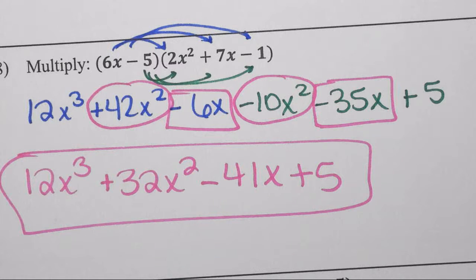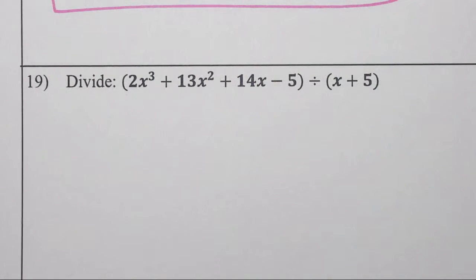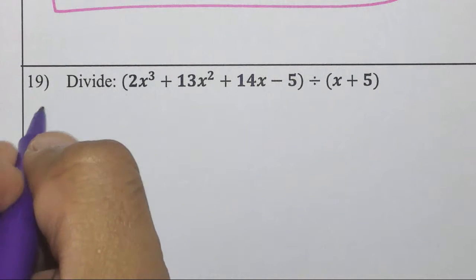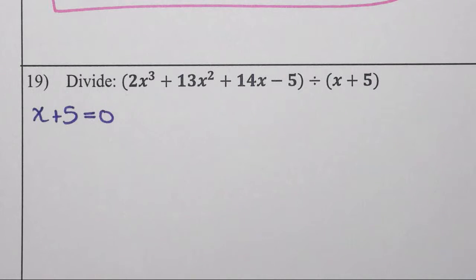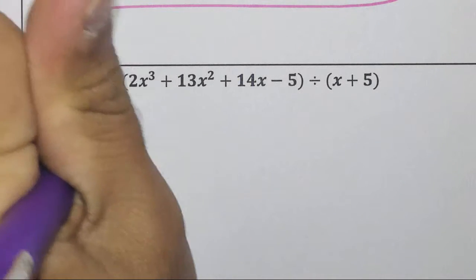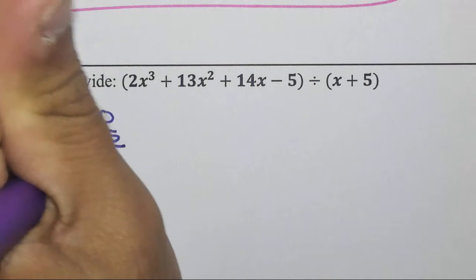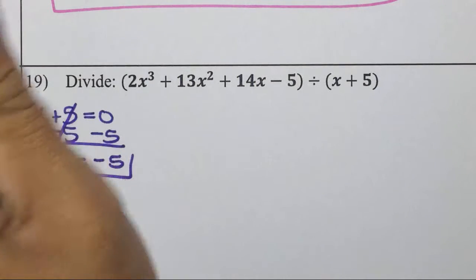All right, let's look at number 19. This one is dividing, but it's talking about the process that we learned in class, synthetic division. So what we do is we take this x plus 5, set it equal to 0, subtract 5 on both sides, so we get x is equal to negative 5.